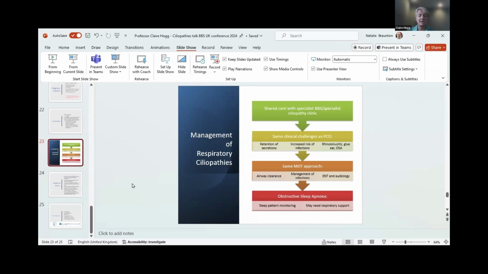So it's very much an MDT approach. It's really important for us, actually, that we're sharing care with the specialist primary ciliopathy services, obviously, because they would then look after all of the other complex needs of these patients. Next slide.